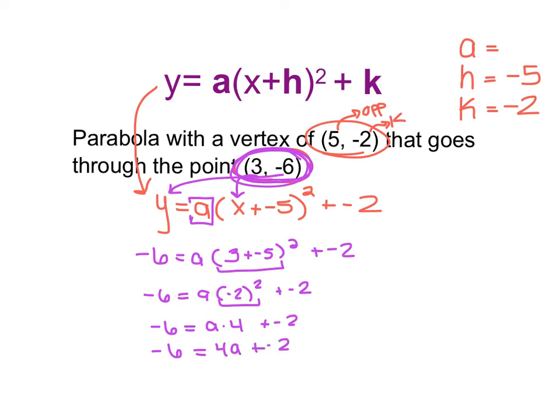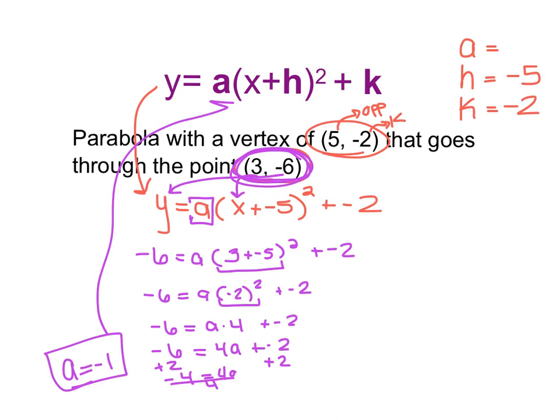So then let's add 2 to each side. So we have -4 is equal to 4a, and if I divide both sides by 4, I essentially discover that my a value is equal to -1.